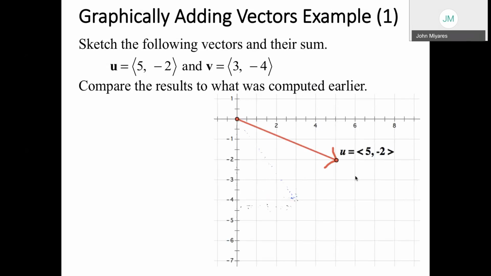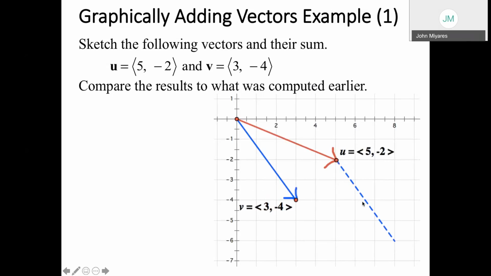The other vector 3, comma, negative 4 is shown here in blue, going right 3 and down 4 from the origin. What I'm going to do next is make a copy of vector v in such a way that its tail is going to start at the head of where vector u is.